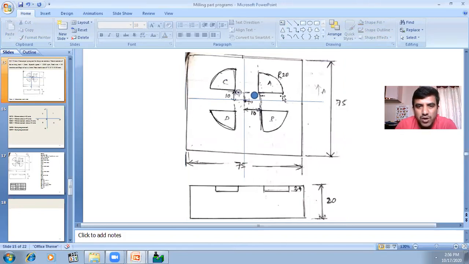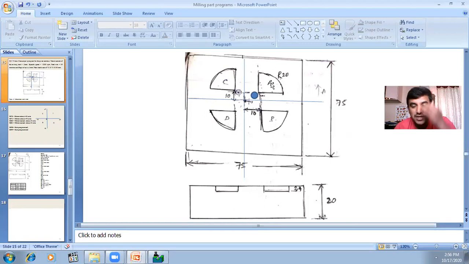Now if you write the program for one quadrant, you can mirror it about the horizontal line, meaning about the x-axis, then you can do this pattern. Again, mirror about the y-axis, you can do this pattern. Again, mirror about both x and y axis, you can do the other pattern.